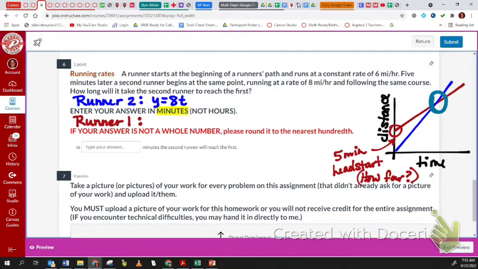We know what their rate is, correct? How fast are they going? 6 miles per hour? So y equals 6t plus however far they got on that head start. How can I figure out how far they got in 5 minutes?